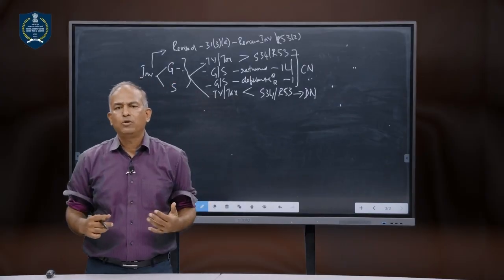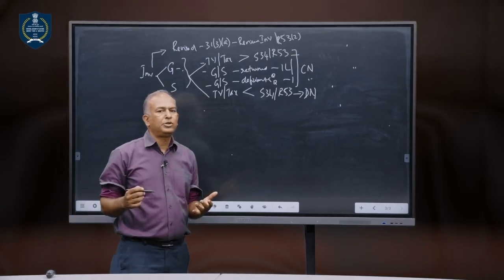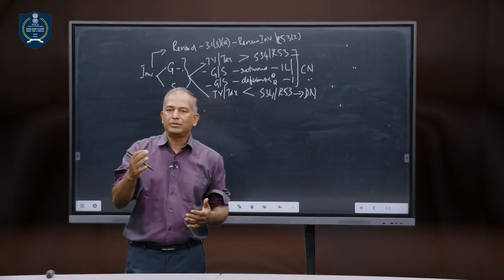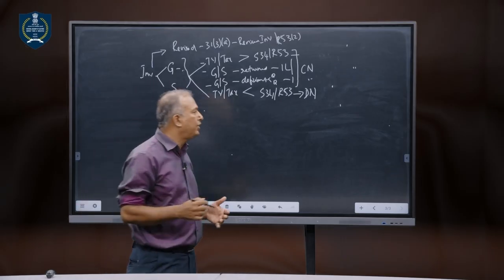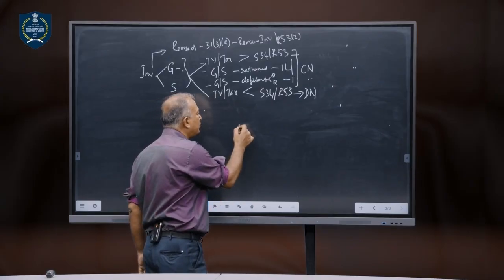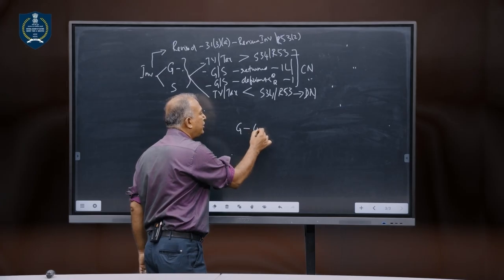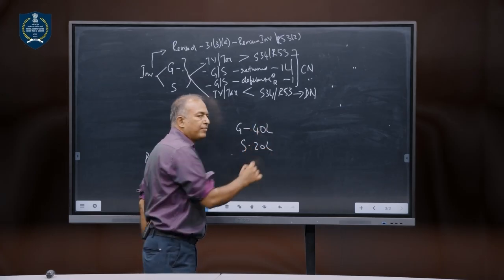Let me give you a scenario. The threshold limit for taking a registration in respect of goods is when I cross 40 lakh rupees, and for services it is 20 lakh rupees.